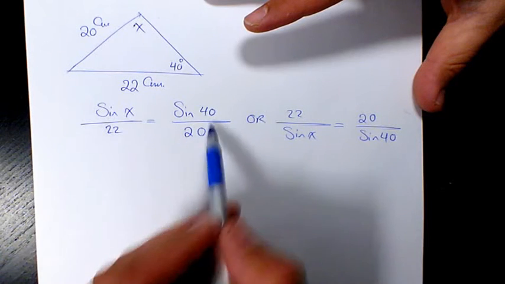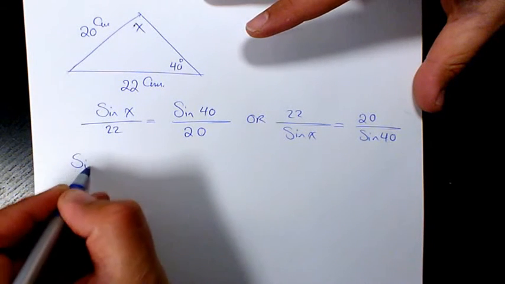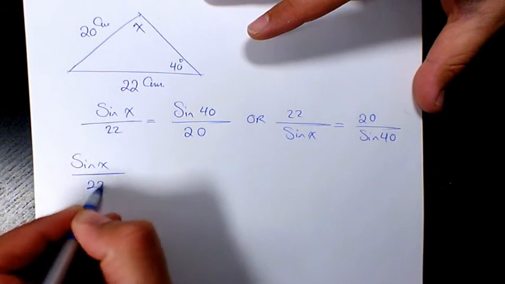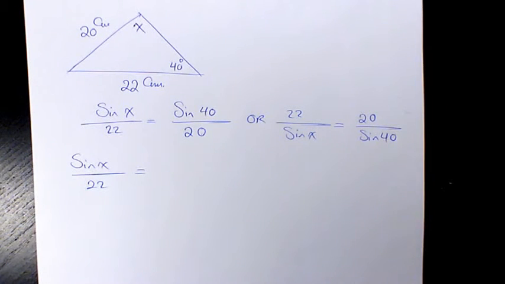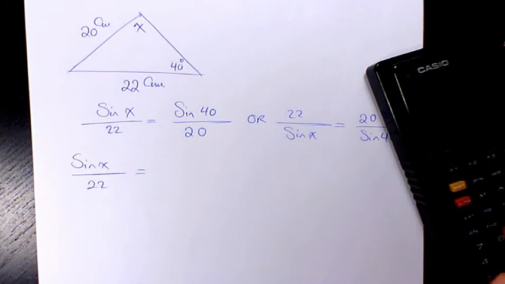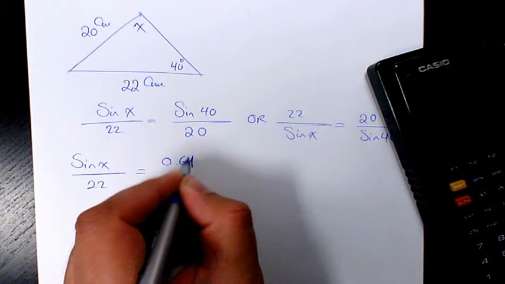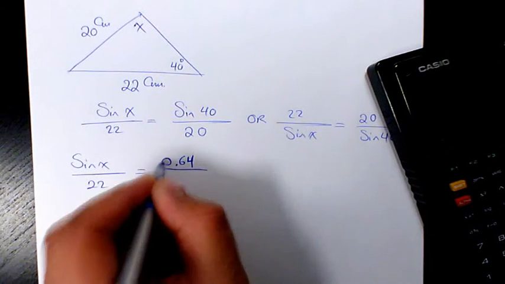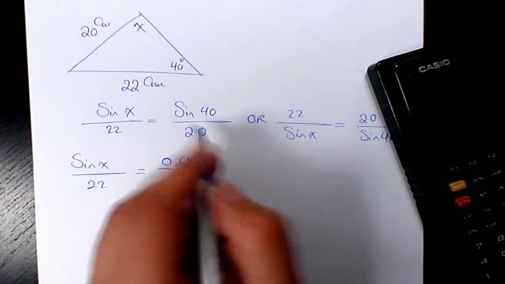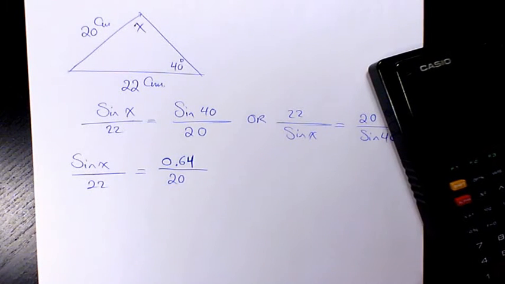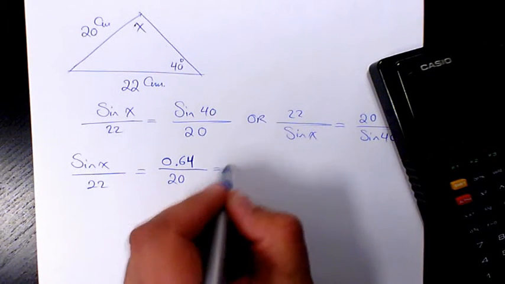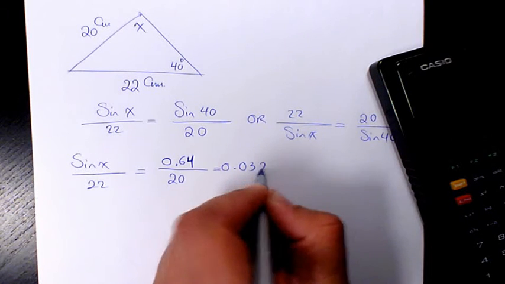So let's use the first one. Sine X, which is our unknown right now, over 22 equals sine 40 degrees, which is 0.64, I'm going to keep only two digits after the decimal, divided by 20. So 0.64 divided by 20 is going to be 0.032.